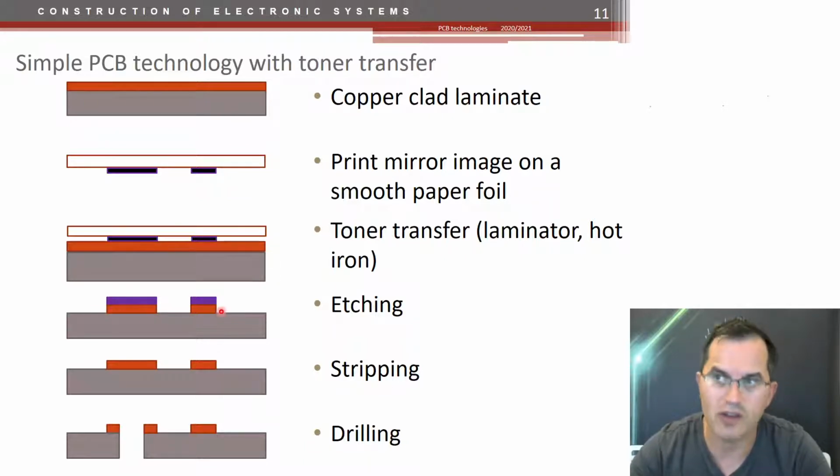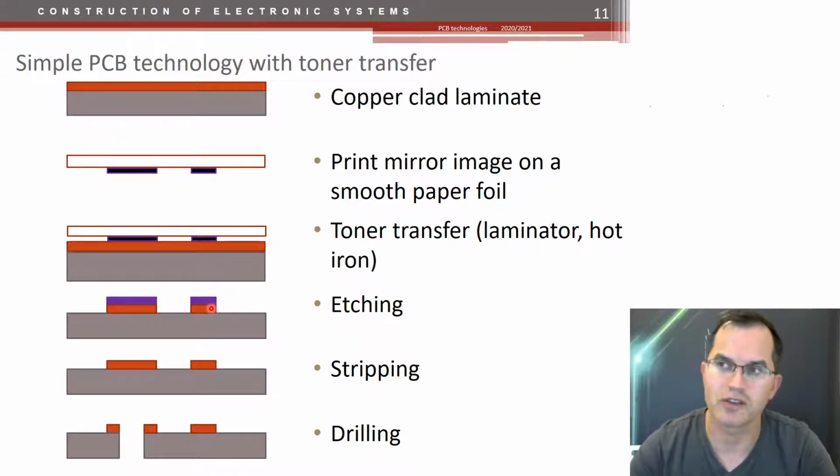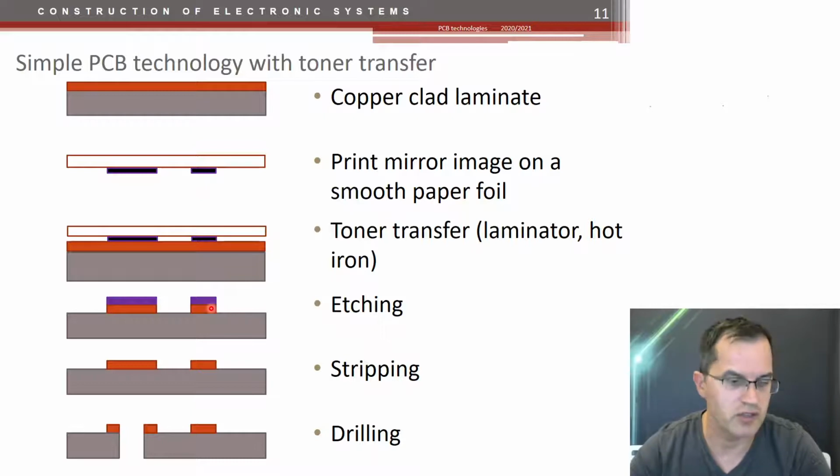And then you etch the copper, you strip the toner off, and you drill the holes. That's quite an easy procedure you can do at home. And I must say that a lot of people are actually using it, but not for professional production. In professional production, the normal procedure with UV light and the photoresistive approach is used.